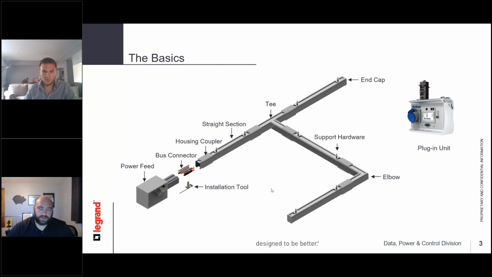The shape of that layout is really dependent on what your application requires. I see a lot of straight lines, particularly in the data center world, A and B runs over racks. I know Nick sees a lot more complicated configurations for manufacturing lines, facilities, things like that. Another note, these plug-in units can go in anywhere along that track. So it really does allow that flexibility to get the power that you need where you need it.